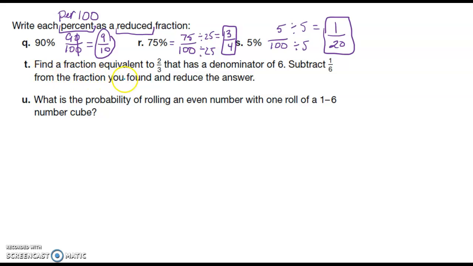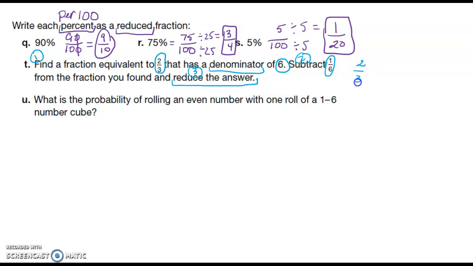T, find the fraction equivalent to 2/3 that has a denominator of 6. That's step 1. Subtract 1/6, this is step 2, from the fraction and reduce your answer, step 3. So another 3-step problem we've got here.